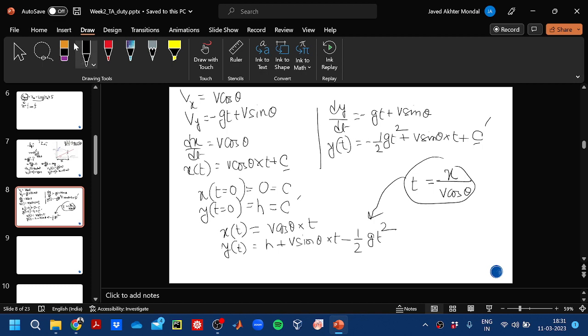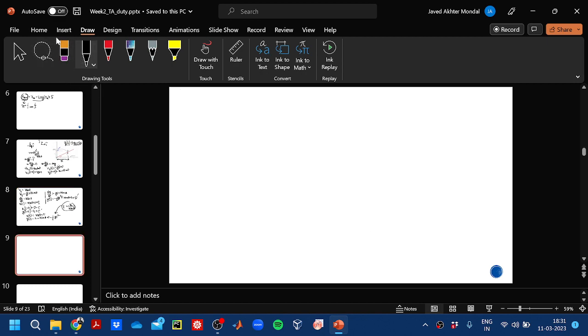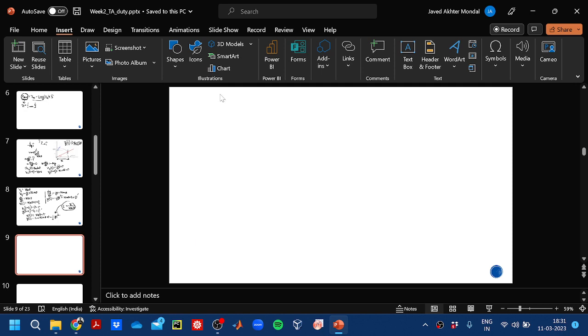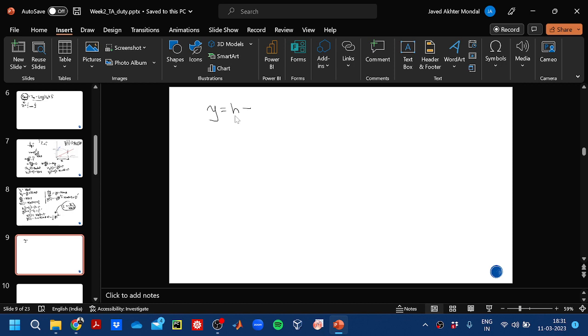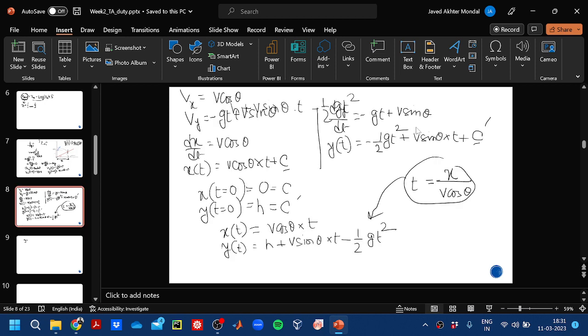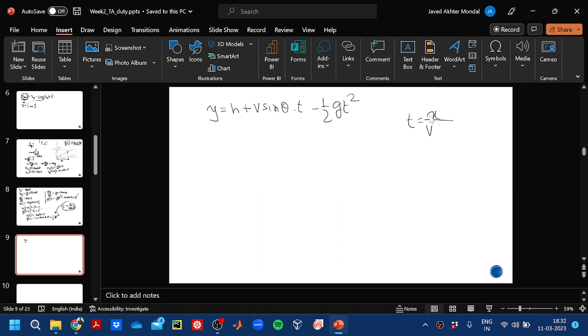So we have y equal to h plus v sine theta into t minus half g t square, and we have our t to be x by v cosine theta.